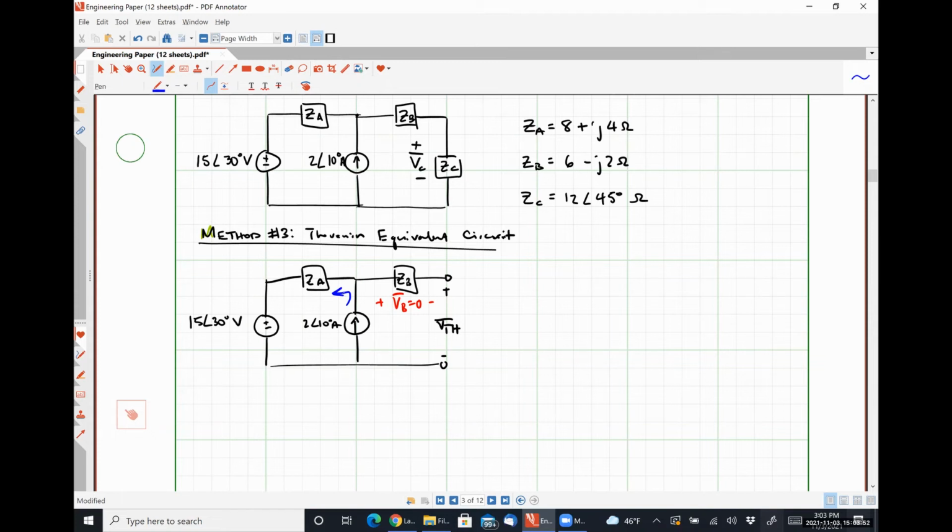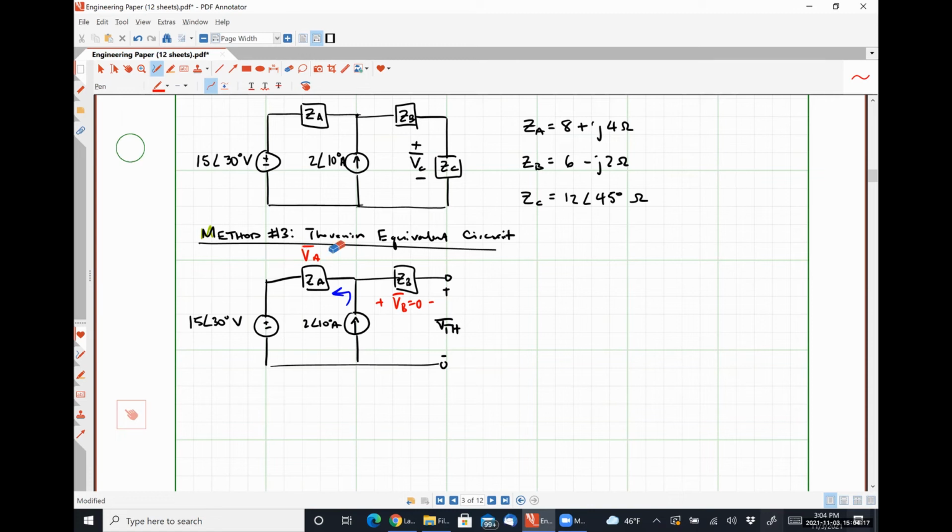So I would argue that we could find our Thevenin equivalent voltage here just using a simple Kirchhoff's voltage law loop because we know how much current is flowing through the different parts, right? So if I say that this voltage is VA with this particular polarity. Actually, let's do it the opposite polarity.